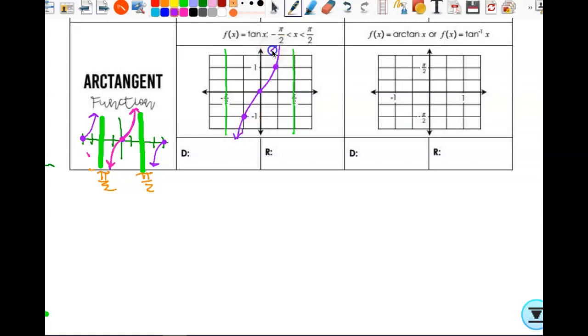So this is my restricted domain of tangent, going from negative pi halves to pi halves. Do I include those this time? Is pi halves included or not? No, because they're asymptotes. Good. Range goes from negative infinity to infinity.